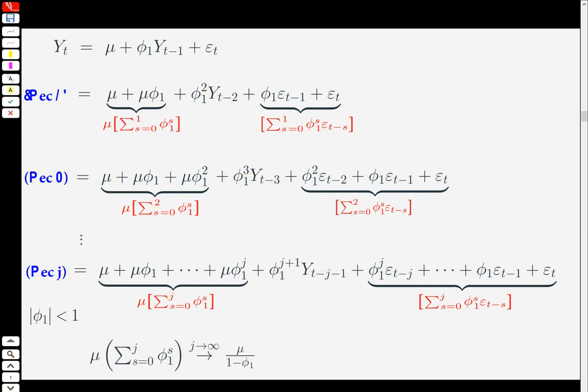Okay, and we can also see a pattern emerging on these powers. This was from the first recursion, and this was from the second recursion. We just get this power is the recursion we're at plus 1, and this is the recursion we're at plus 1. So hopefully you can see the pattern that's emerged here. We've done it once, and we've done it twice. And we can keep going.